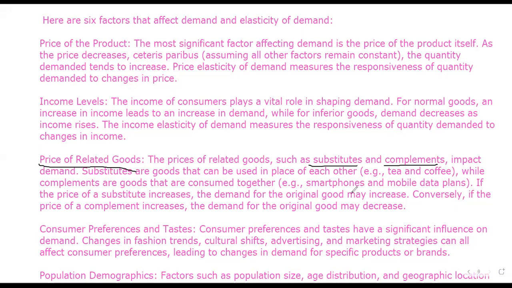This is a positive relationship. Conversely, if the price of the complement increases, the demand for that original good decreases. So here it increases, there's a decrease there. If you're looking at substitutes, if the price of tea goes up, the demand for tea goes down, whereas the demand for coffee will go up. For complementary goods we have a negative relationship. If smartphone prices go up, demand for mobile data will go down.